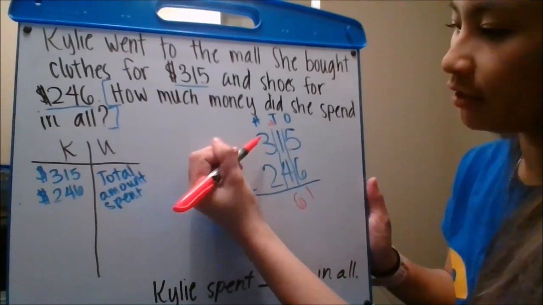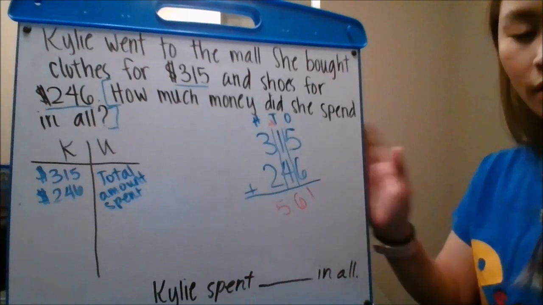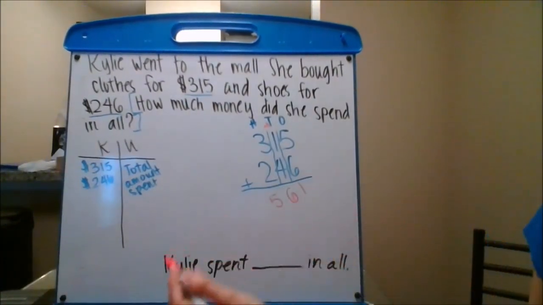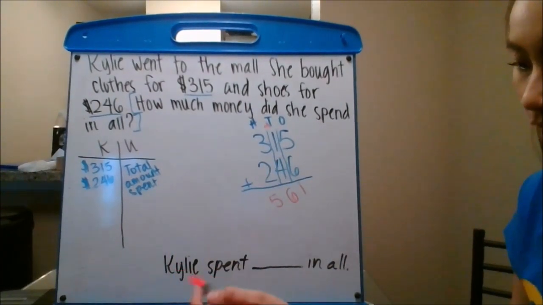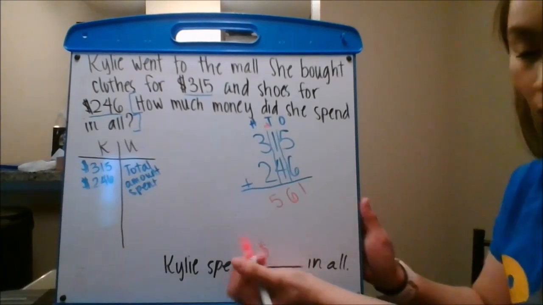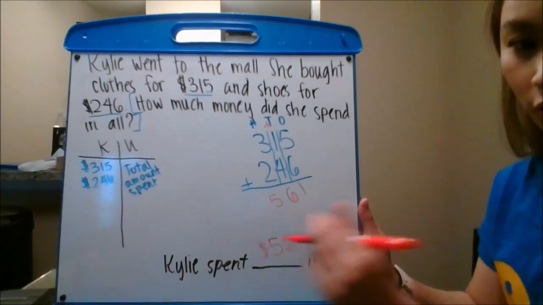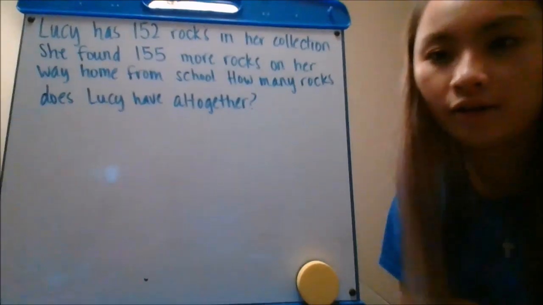And then we move to hundreds. 3 plus 2 equals 5. So, based on our work, we know that Kylie spent $561 in all.